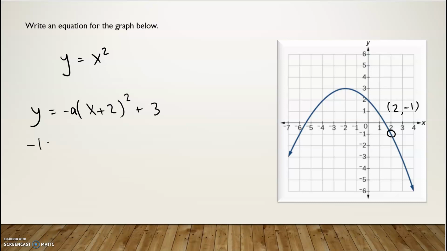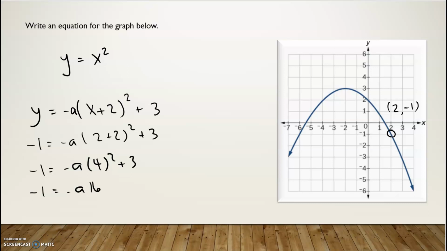Okay, so y is -1, negative A, x is 2, and then we're just going to solve for A. So that would be -1, negative A, 4 times 4 is 16, plus 3. Subtract 3 from both sides, so we have -4 equals negative A 16.